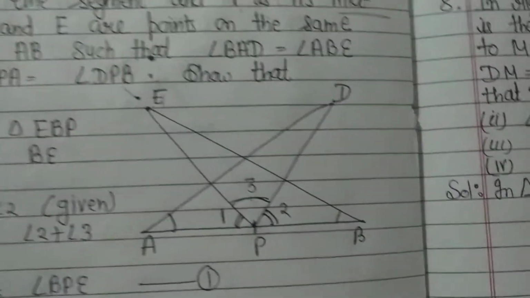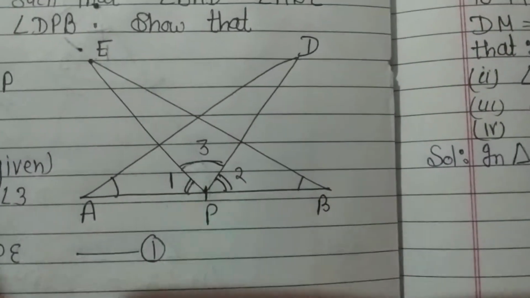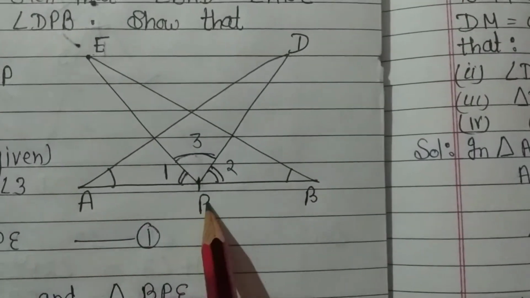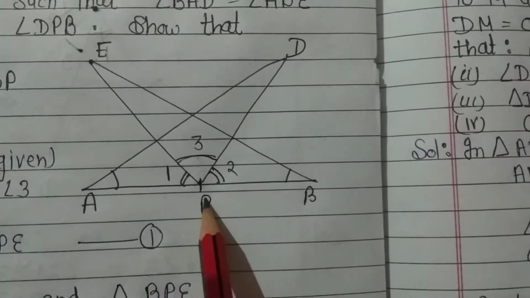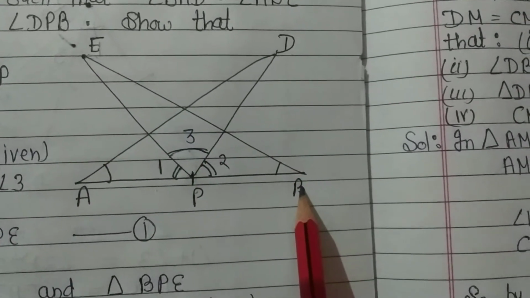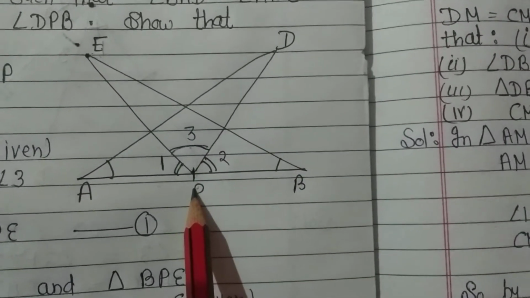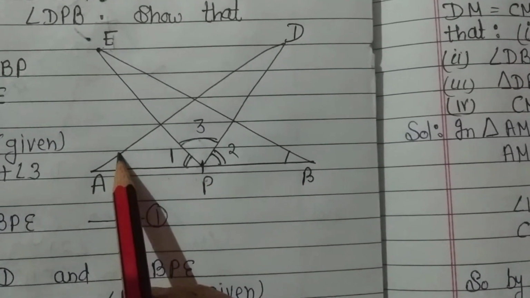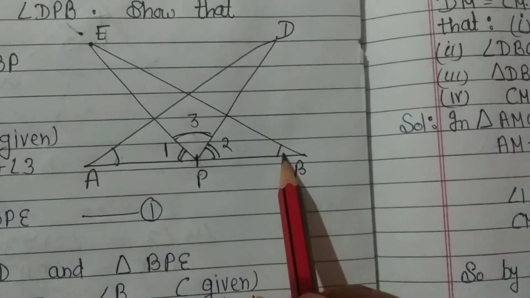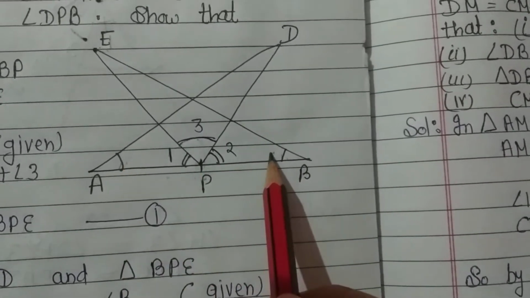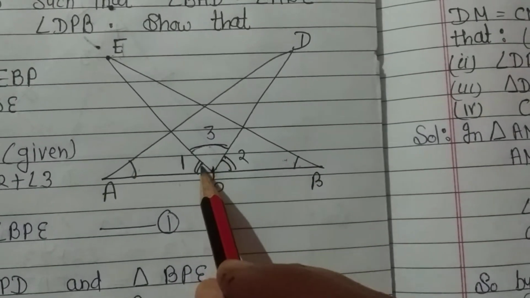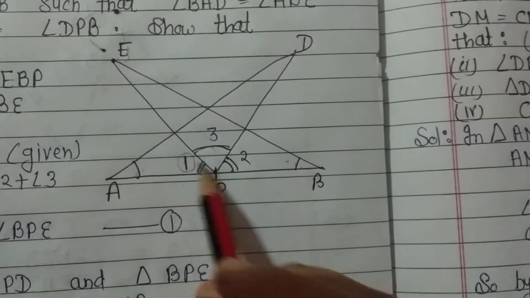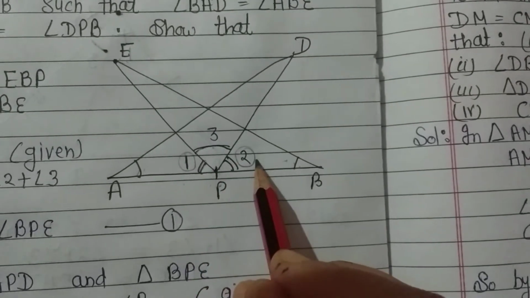Now see from the figure. Now we will take two triangles APD and triangle PEB. Now P is given the midpoint, so we can say AP is equal to PB. This angle A and this angle B are already given equal, and this angle 1 and this angle 2 are given equal.